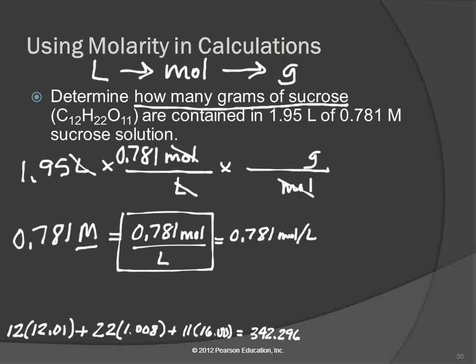Thank you. Grams in 1 mole. So that goes up here, 342.296. Now really that only has 4 sig figs, but we'll let the 9 and the 6 come along.